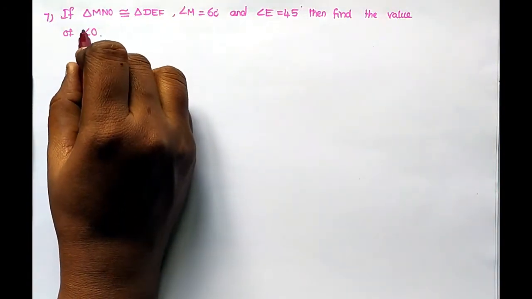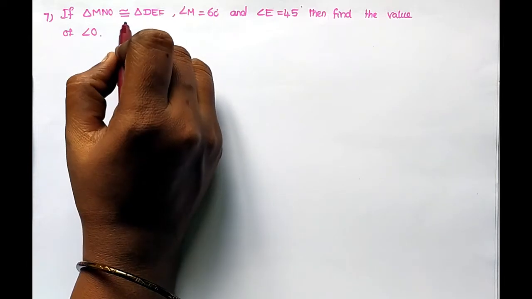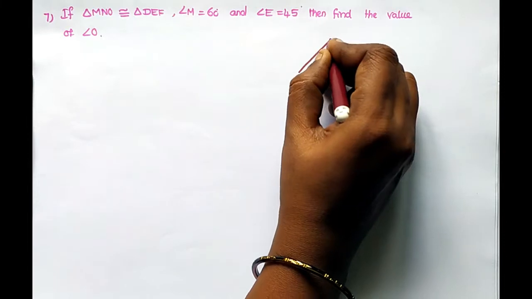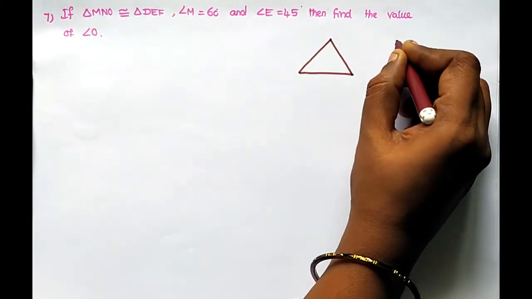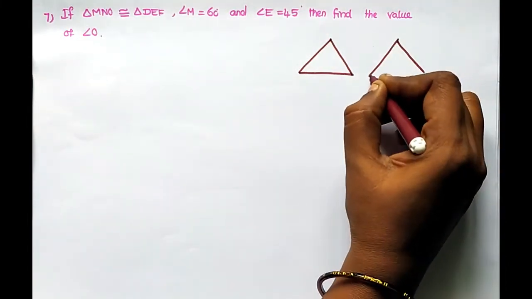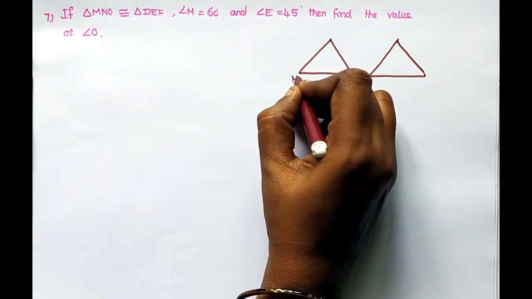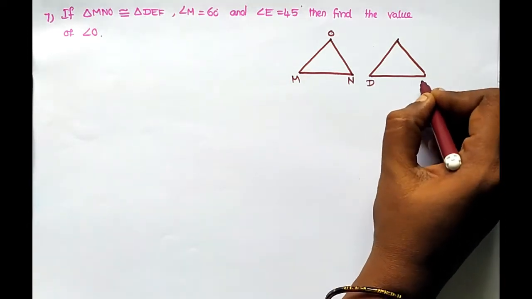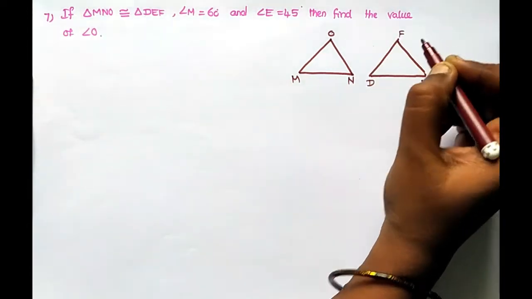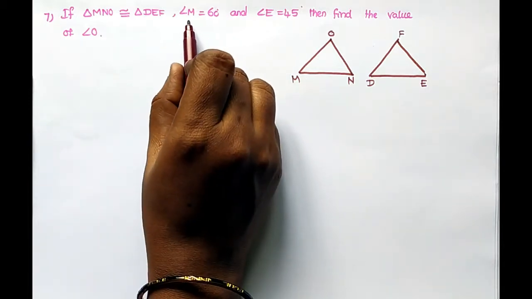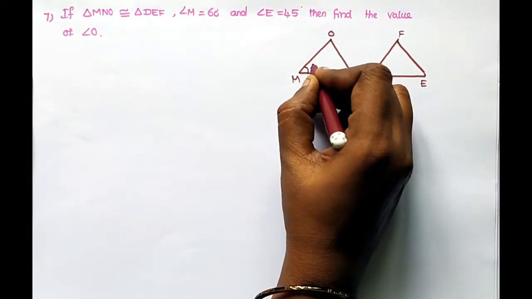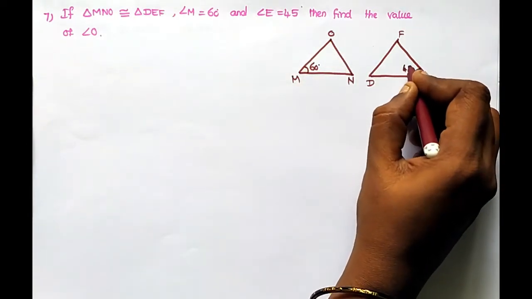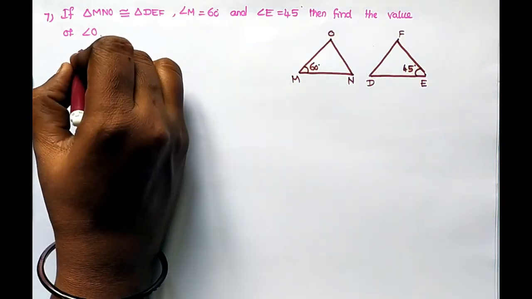Seventh sum: if triangle MNO is congruent to triangle DEF. So listen. Triangle MNO is congruent to triangle DEF. What is given? Angle M equal to 60 degrees, and angle E equal to 45 degrees.